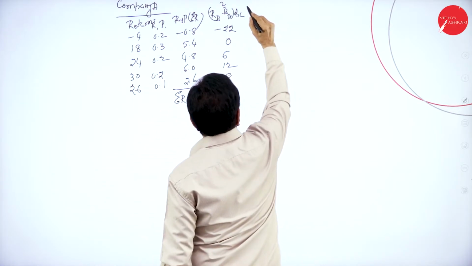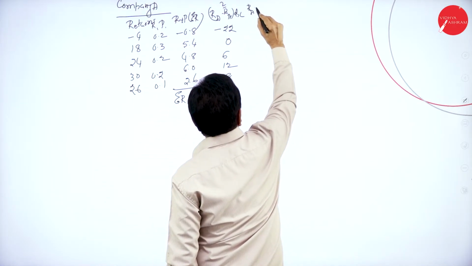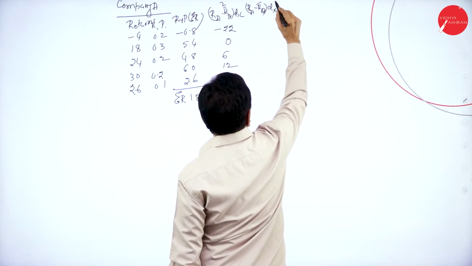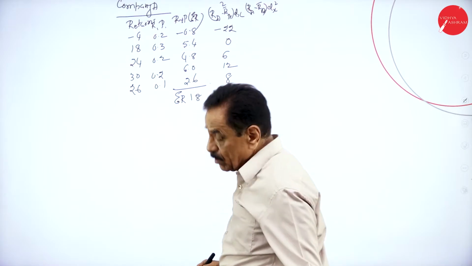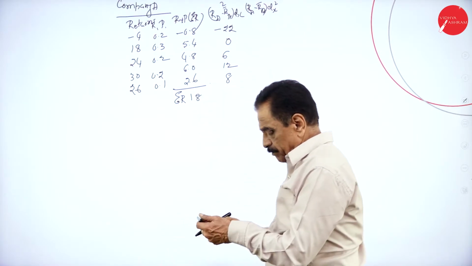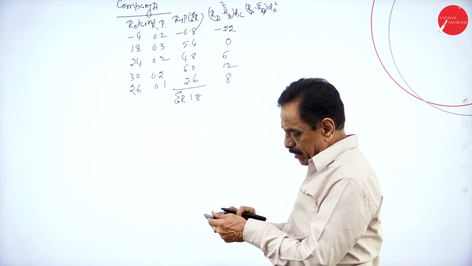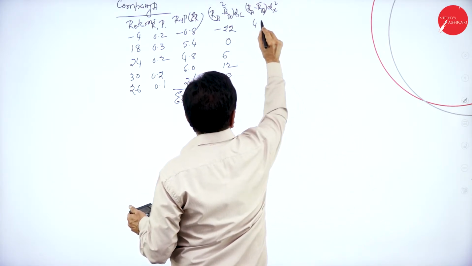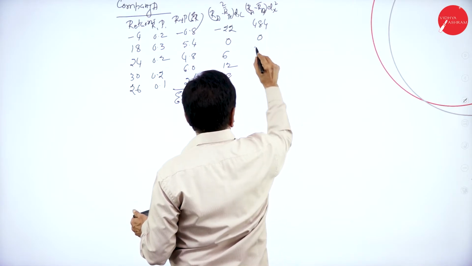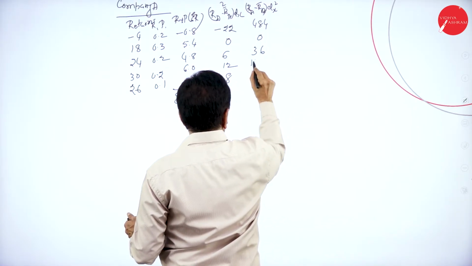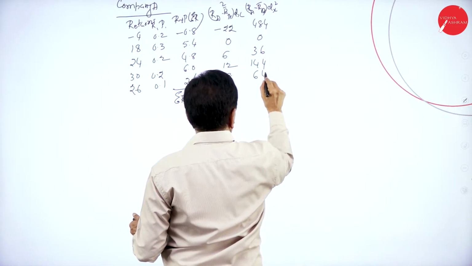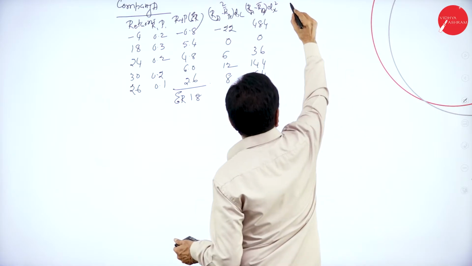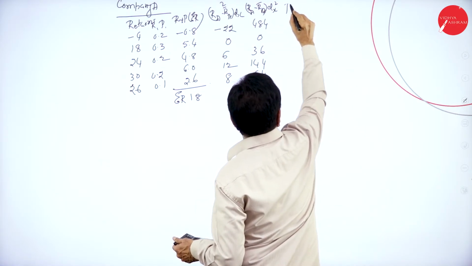Then RA minus R mean A whole square, this is your dx square. 22 into 22, 484. This is 0. This is 36, 144, 64. That is dx square.